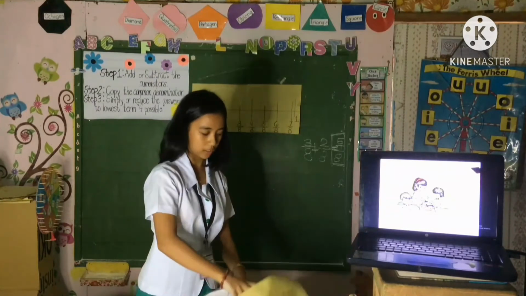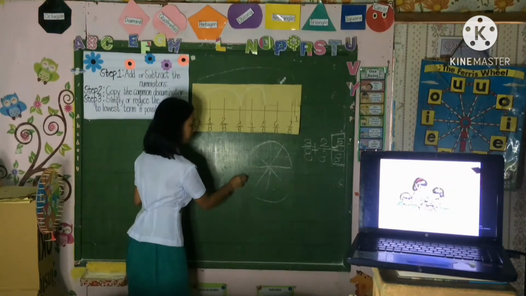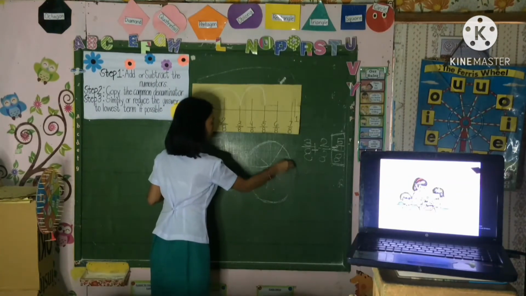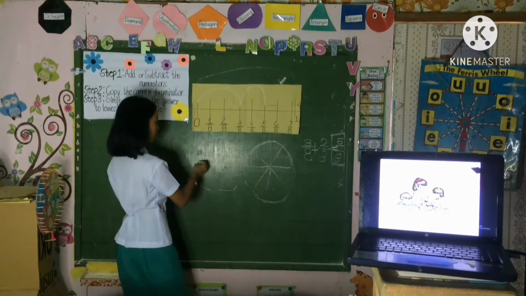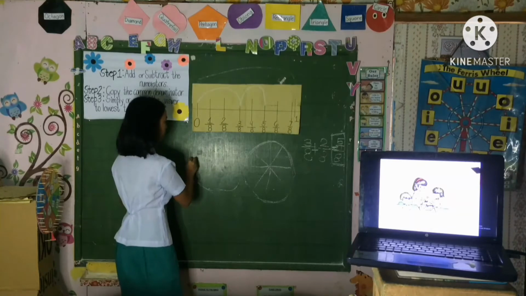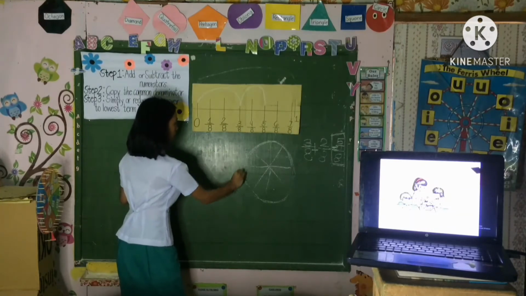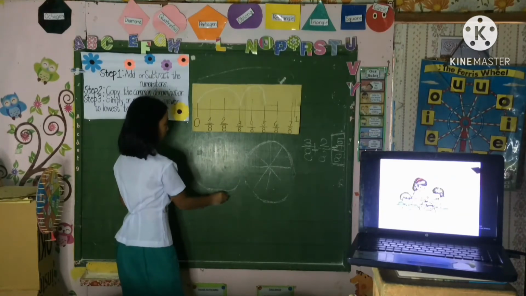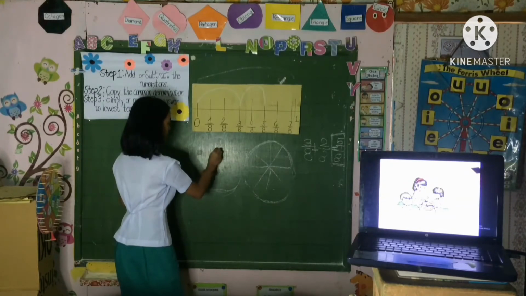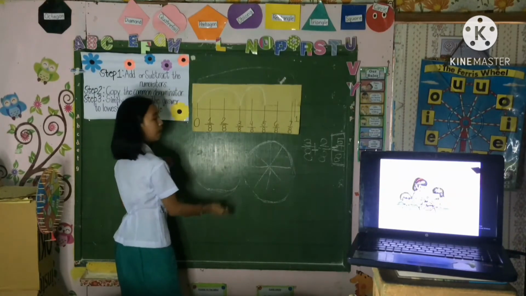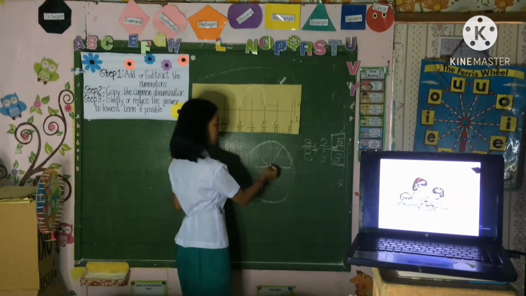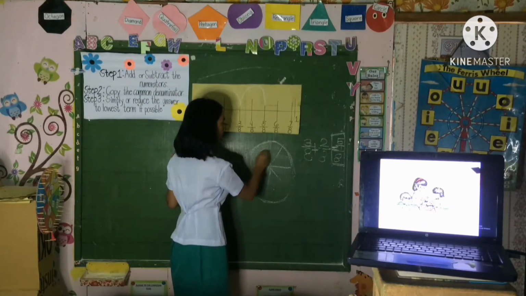How about in the graphic illustrations? Tonyo ate 3 slices of buko pie, so we shade 3 parts of this first illustration, okay? And Maria ate 2 slices of buko pie, so we shade 2 parts of this illustration.